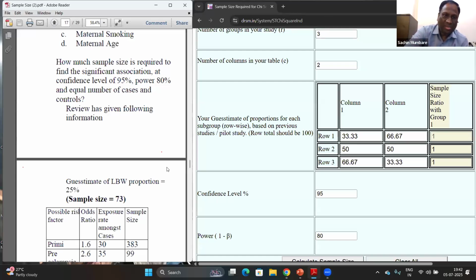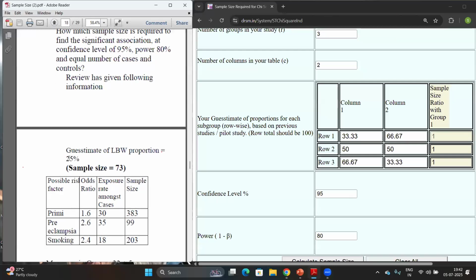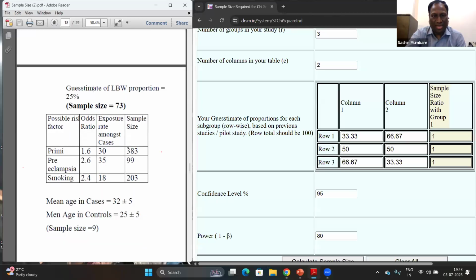Out of 100, 25 will be low birth weight babies and the remaining 75 will be normal birth weight babies. So maximally you can have a 1:3 ratio, and using that ratio, you can revise the sample size and estimate the reduced sample size.